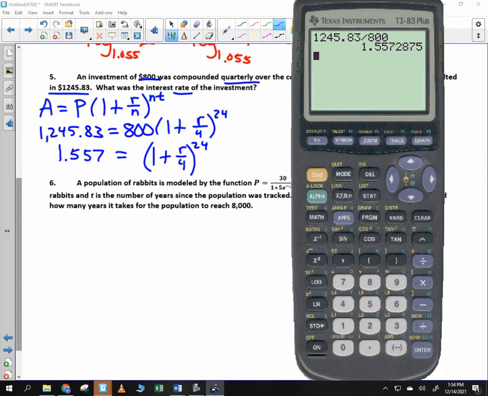Divide both sides by 24? No, log. Can I just move the 24 out in front? No, there's no logarithm. Nope. No logarithm. Only one of these people may speak.